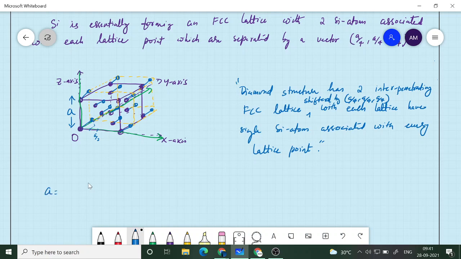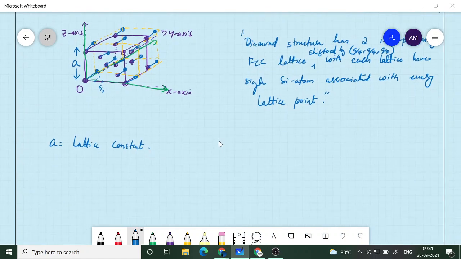A is called lattice constant. So the volume of the unit cell is basically A cube.